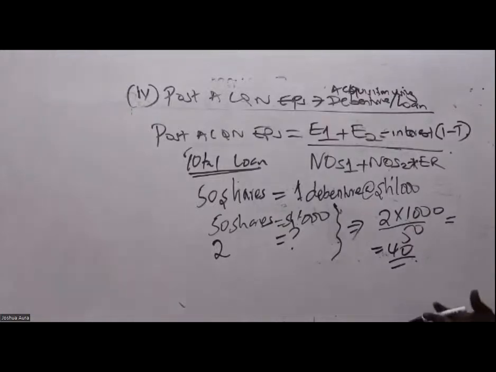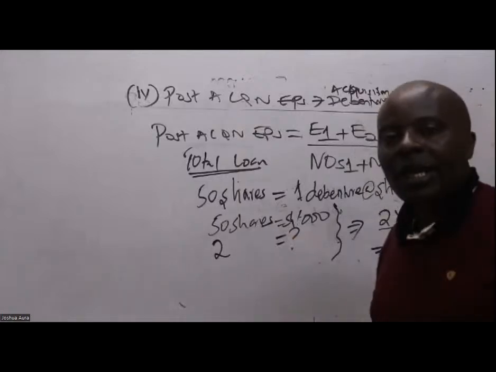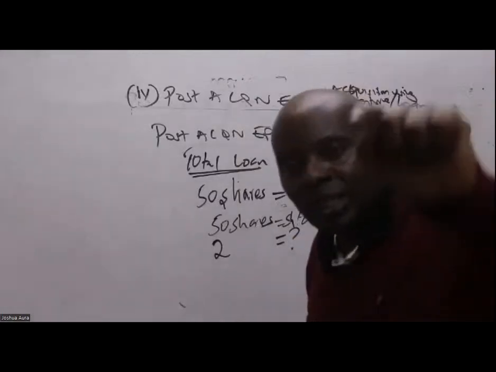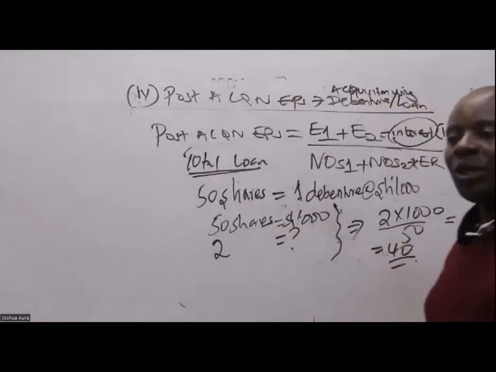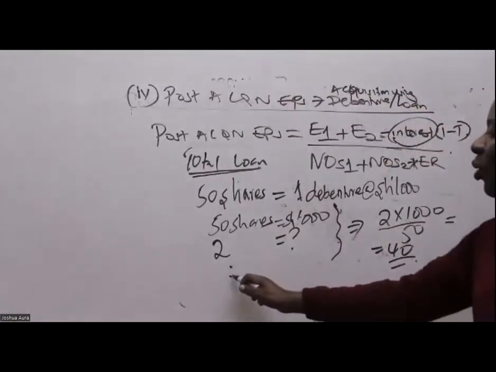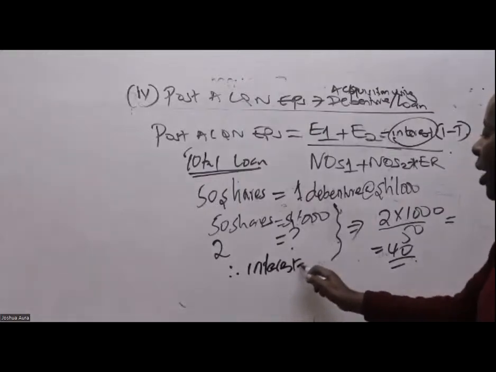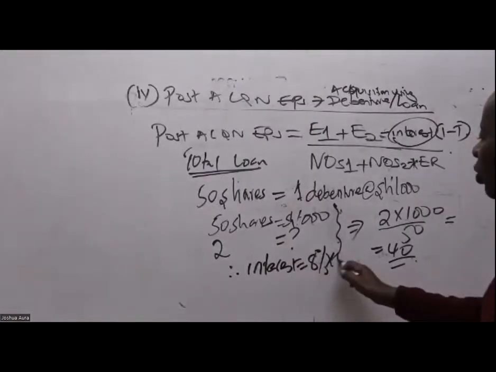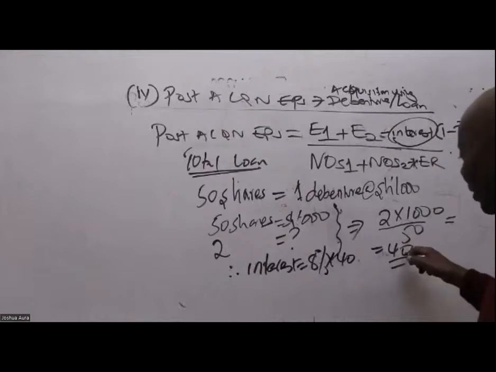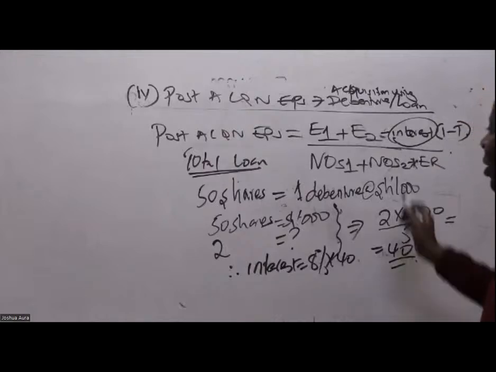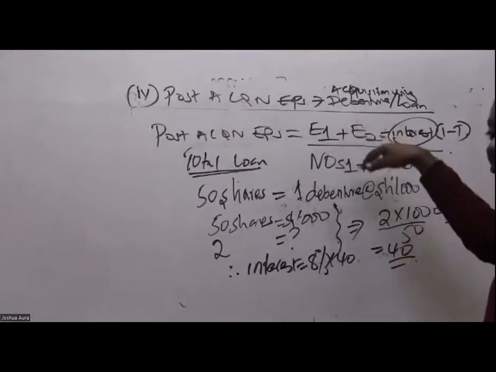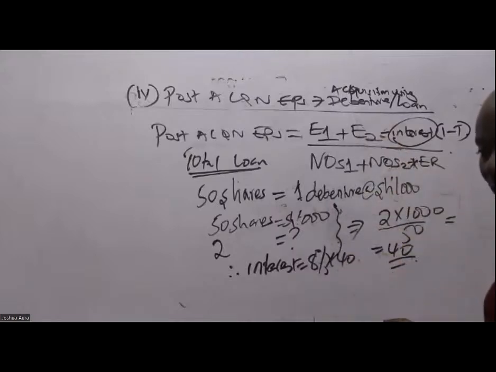What I am after is the interest. Have they told me the coupon rate of interest? In the question, what is the interest rate? Therefore, interest payable will be 8% of the total loan. I know the loan is 40 million, but all these figures don't have the millions, they're minus those zeros.